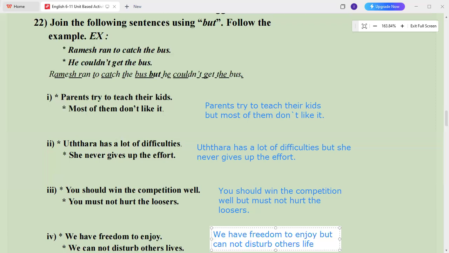Cannot disturb others' lives, right? So that way we can combine two sentences and make a compound sentence.